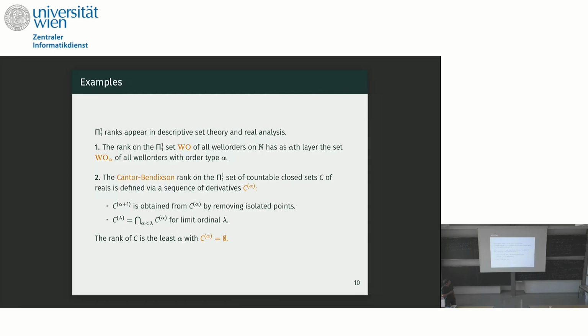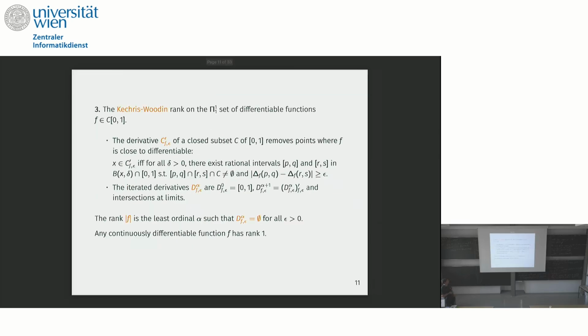And so the set of trees is a pi11 set, and it can be written as a union of Borel sets in this way. Here are just examples. Here's another one, an interesting rank on the set of differentiable functions, understood as a subspace of the continuous functions.